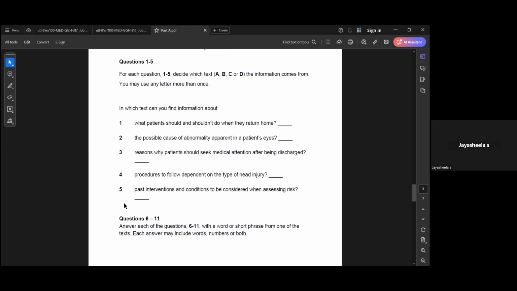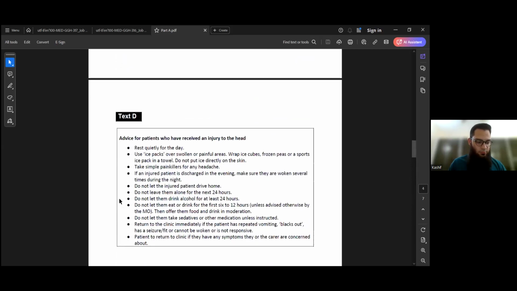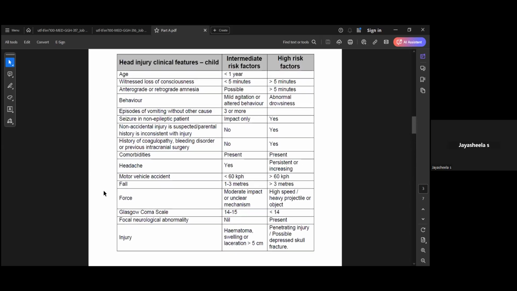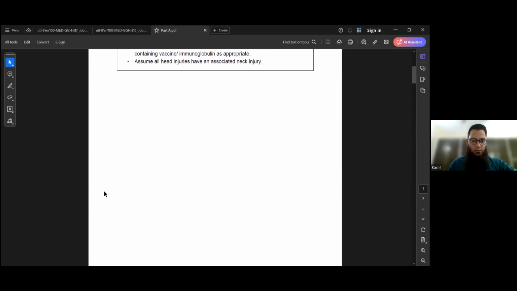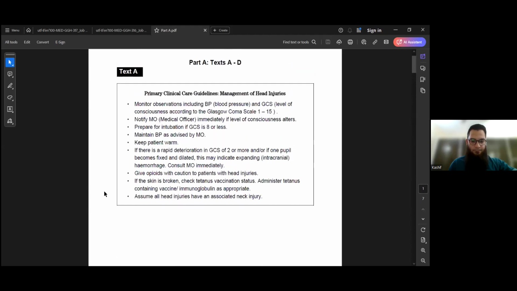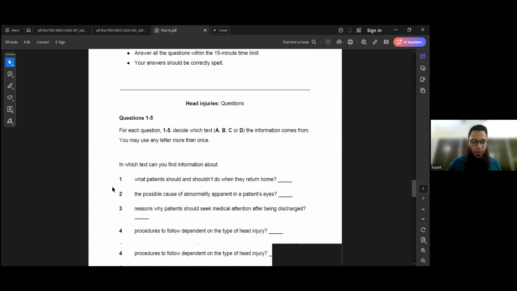Okay, I will again go to text D. Have a look at text D. A few seconds here in text B. Sorry, C. Okay, here in text B. And then a little brief look here at text A. Okay. Five questions are done. Let's have a look at 6 to 11.